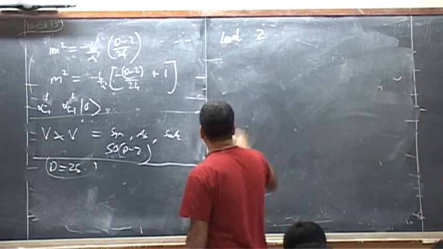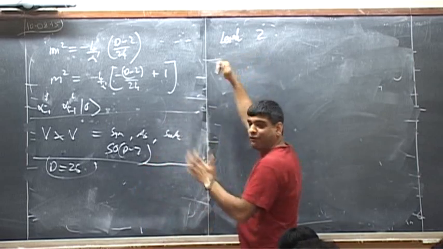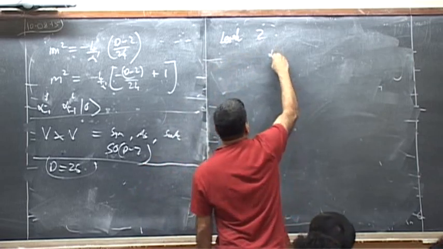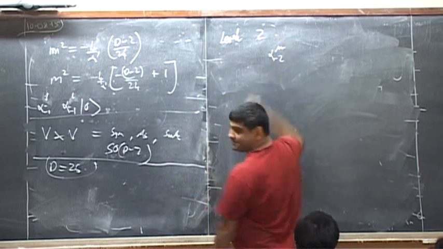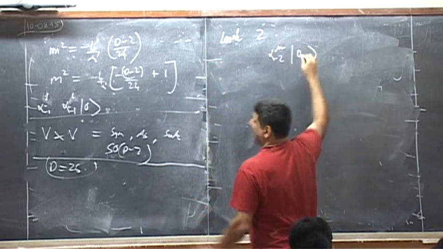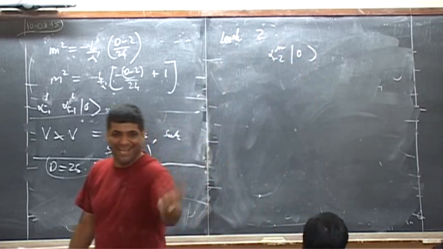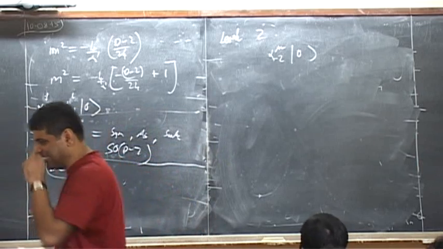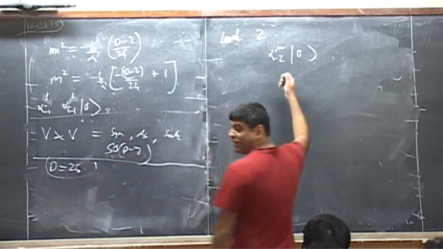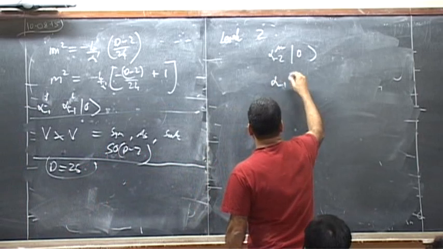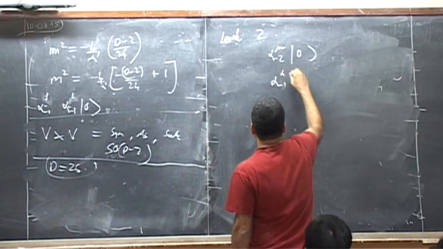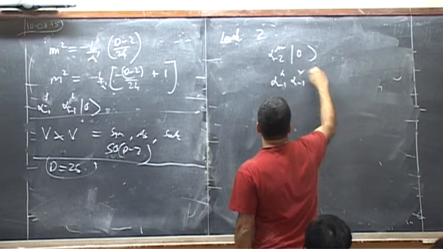Now what are the states? Separately for left and right movers, we could have alpha_{-2}^i on |0>, or you could have alpha_{-1}^i alpha_{-1}^j on |0>.